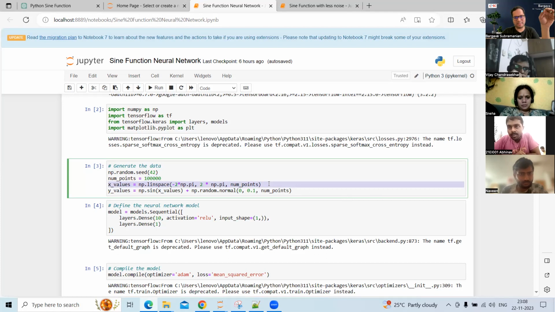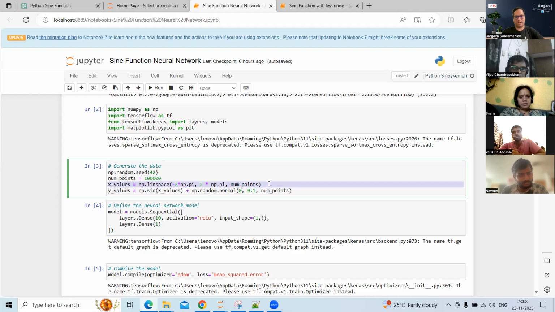In this line segment that starts with minus 2 pi to plus 2 pi, in this particular range, generate num points, here 100,000. So it will generate equally spaced 100,000 points in this continuum between minus 2 pi to plus 2 pi.